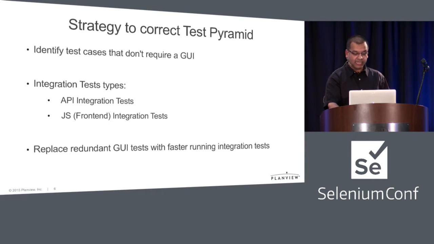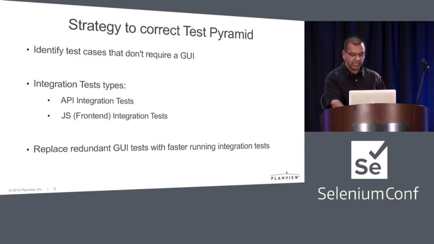Adding integration tests for us is a two-pronged strategy, where we add API integration tests which concentrate on the backend, and JavaScript or front-end integration tests which focus on the front-end components. And once these integration tests start materializing, we replace the redundant GUI tests with faster running integration tests.